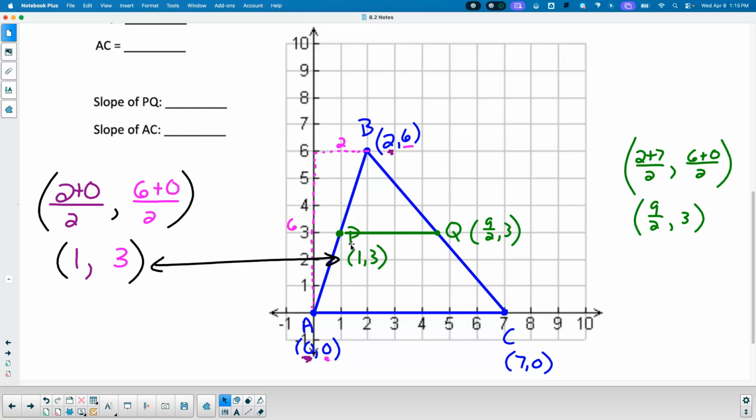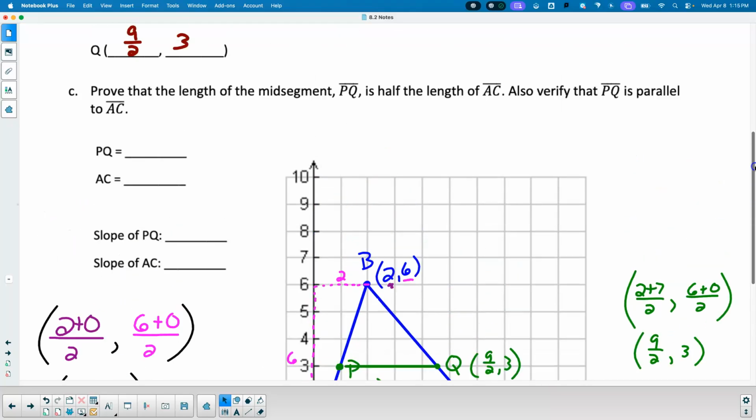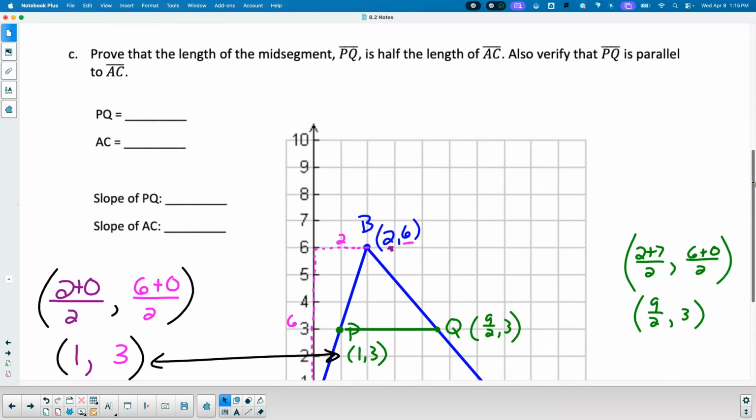Okay. So the length of PQ is 3.5. What is the length of AC? 7.